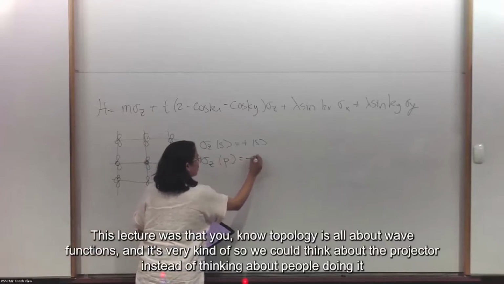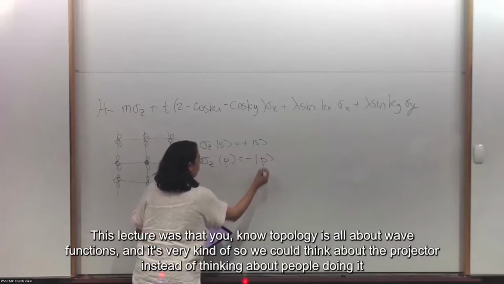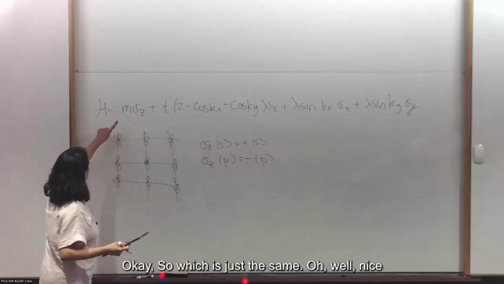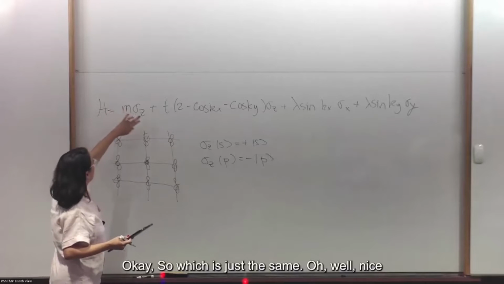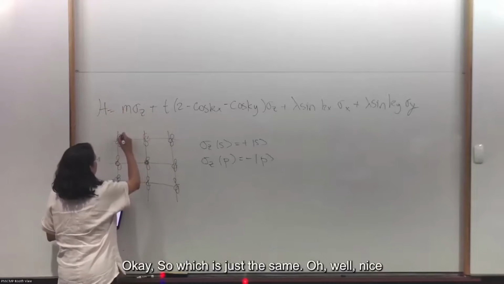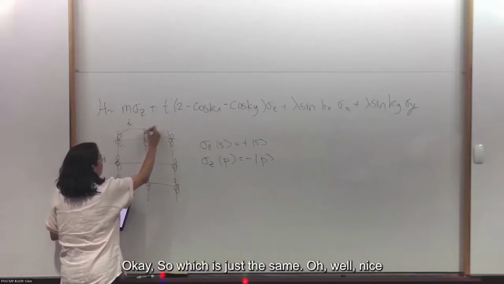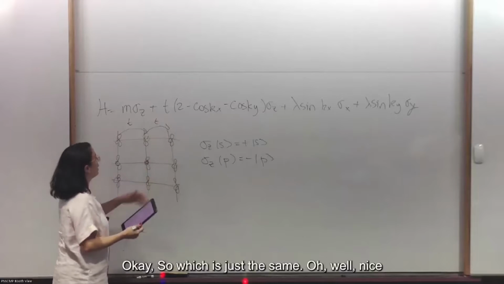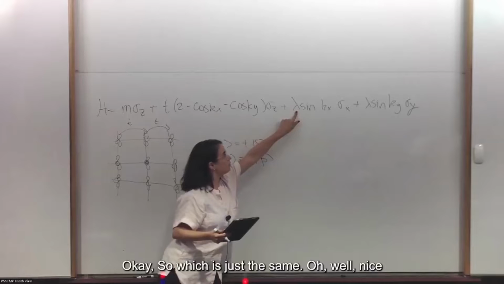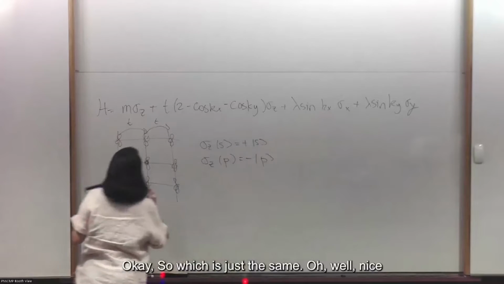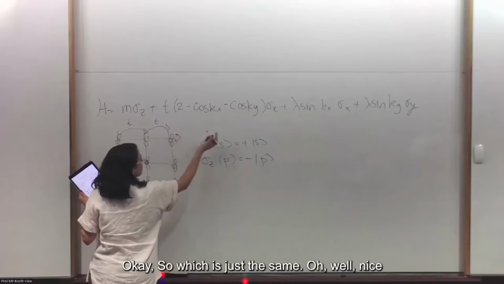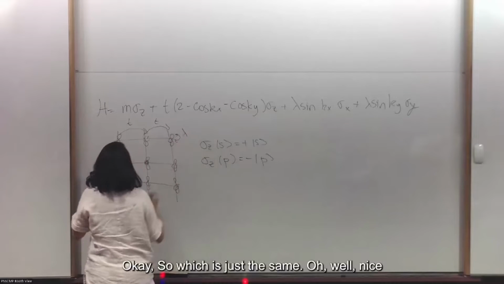P orbital is odd, right? What this m does is put the energy difference between them. What this t does is make you hop in the lattice. And what this lambda here does is couple s's and p's with some antisymmetric coupling.